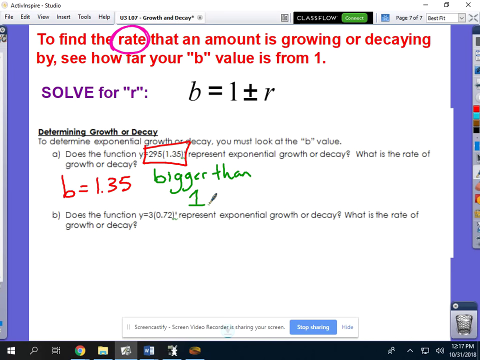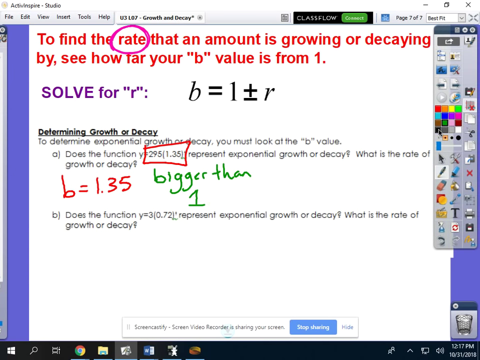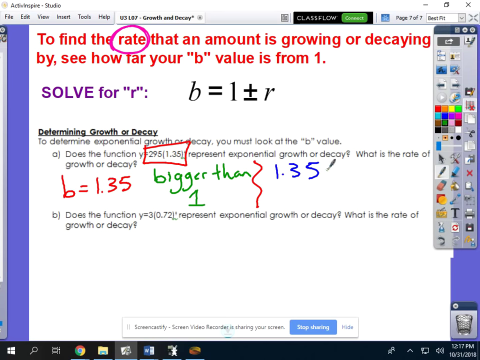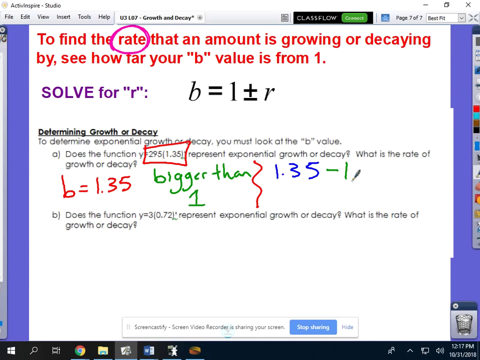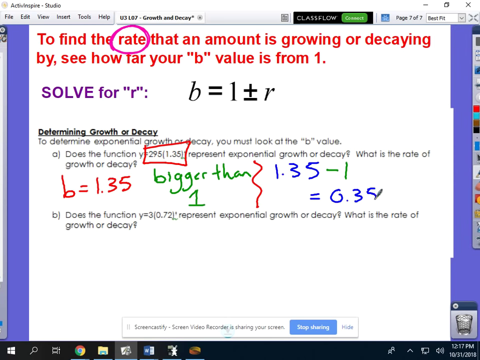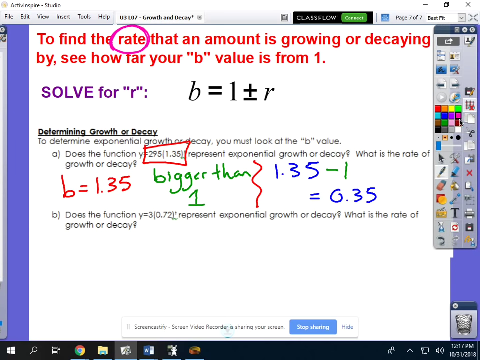So if you're bigger than 1, then here's what we're going to do. We're going to take that number, 1.35, and we're going to subtract 1 from it. Okay? So if we subtract the 1 from it, we're left with 0.35. Well, look at that. That right there is your percentage.